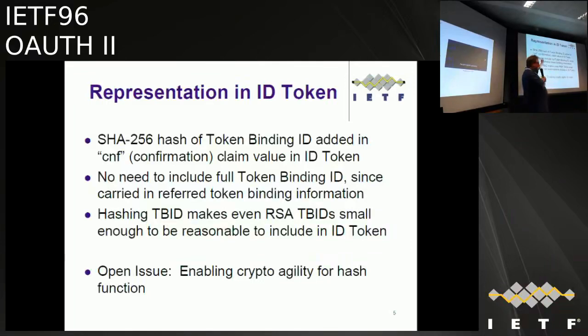Rather than sending the full token binding ID, which is a representation of a public key plus a type prefix, which at least in the RSA case is reasonably big, bigger than you want to put in an ID token, we're just sending the SHA-256 hash of that value, which is good enough for comparison purposes. And we think we know how to enable crypto agility for the hash function. A future draft will do that, but this is straightforward stuff.